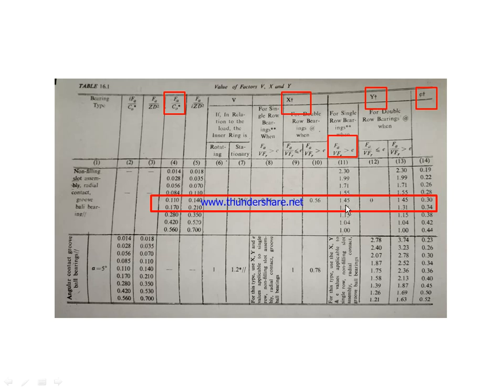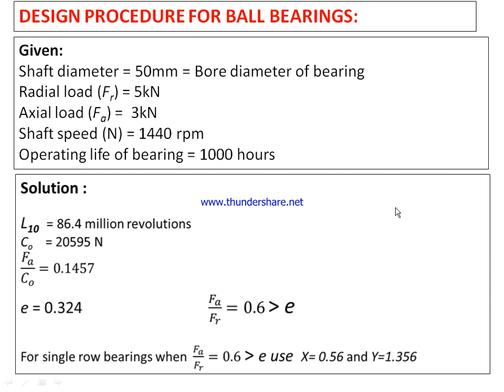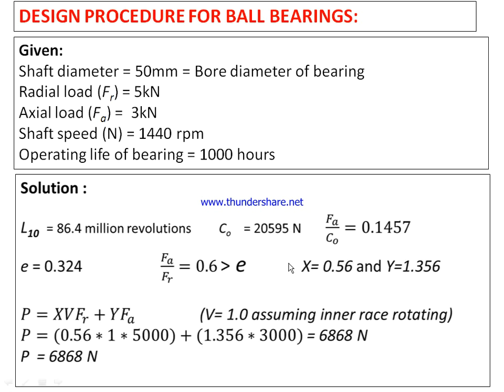So in between these two the value of Y lies. So the value of X for this ratio of FA by C naught, that is 0.1457, for FA by FR greater than E, value of X is 0.56, and what will the value of Y? Again by interpolation we have obtained those values. So X is 0.56 and Y is 1.356.